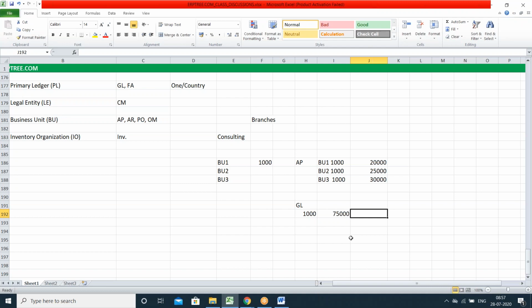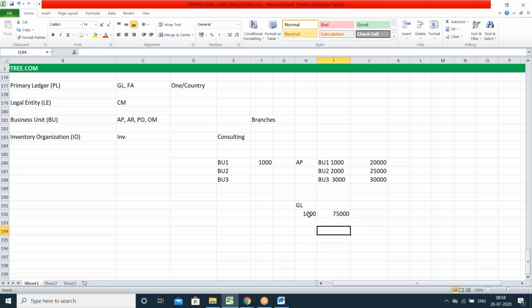Oh, got it. If you have separate values here, 2,000, 3,000, then when data comes to GL, it will come with the company code, right? Yes, now I understand. So in the GL, there is no link between GL and business unit.